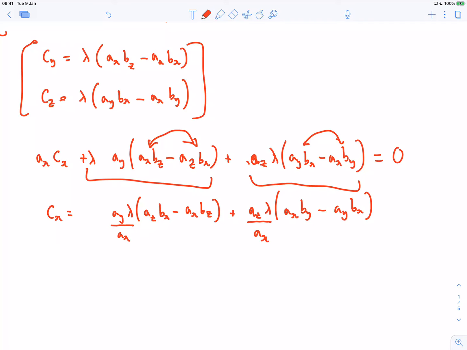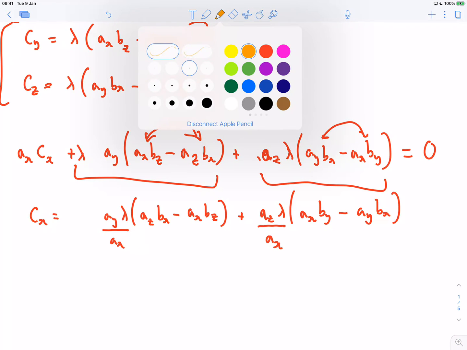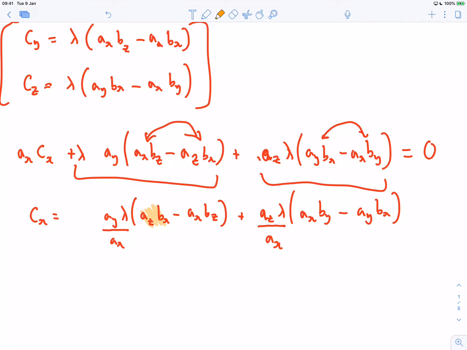Okay. First of all, is there anything that cancels? Well, if you think about it really carefully, I've got an AZBX there and an AZBX here with an AY, and there's an AY. And because this is a plus and this is a negative, these two terms are going to cancel out. That's nice. Next up, what do I have? I've got an AY times this stuff, but then I'm dividing by AX, so that term goes.